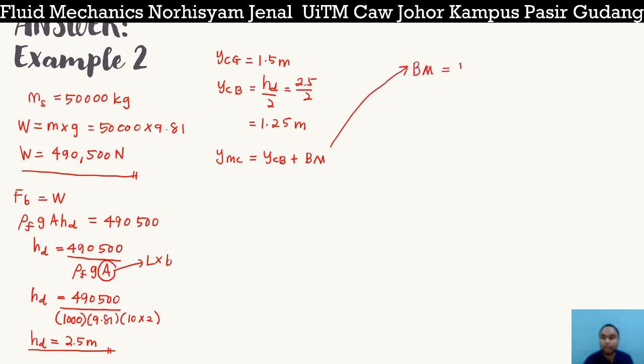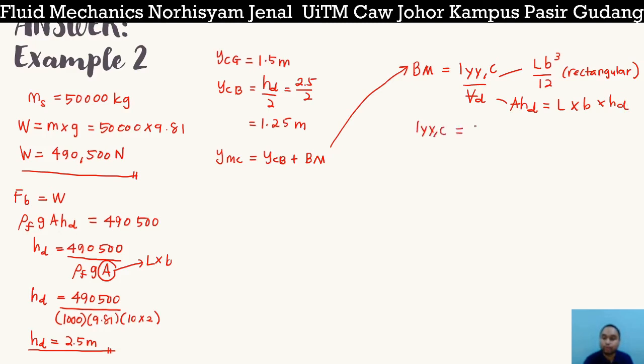BM is Iyc divided by volume of displacement. The Iyc is equal to LB cube over 12 because this is a rectangular shape. And the VD is equal to the area times HD, which is L times B times HD. We will solve it one by one.